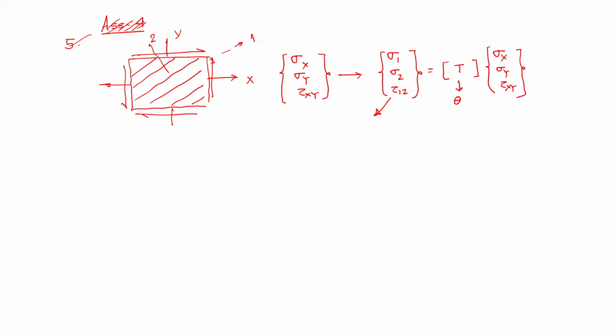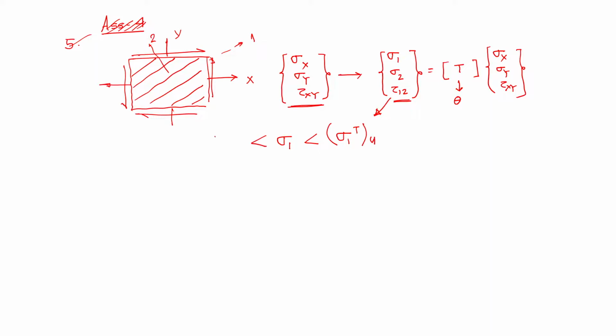The main thing is, given the stresses with respect to the global axis, you immediately transform them to the material axis and then compare these material axis stresses to the corresponding strength. If you are applying the maximum stress criterion, sigma 1 should be compared with sigma 1 Tu if it is positive, of course.